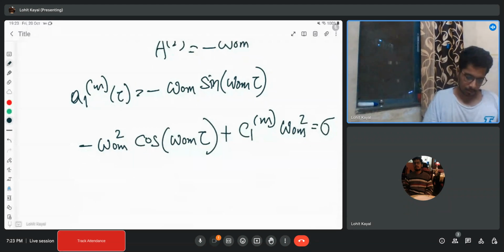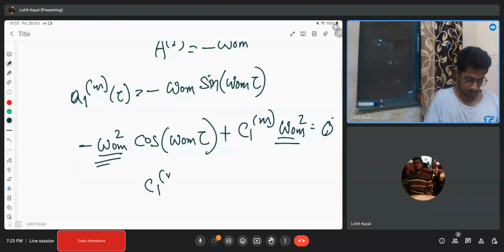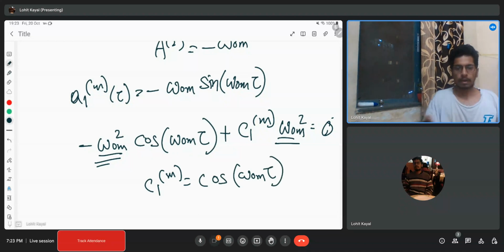Sorry, yes, it is 0. Okay, so this is ω0m square, this is ω0m square. So your C1m is equal to cos ω0m τ.